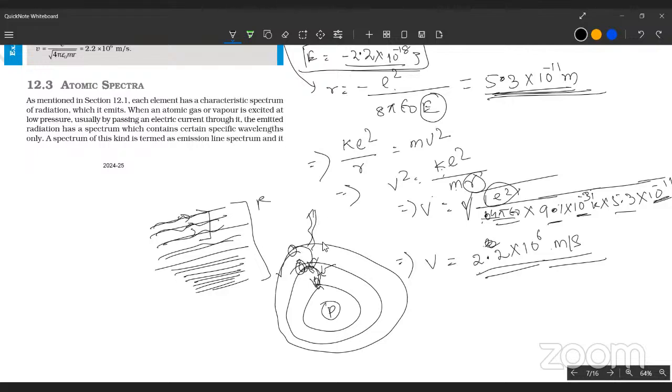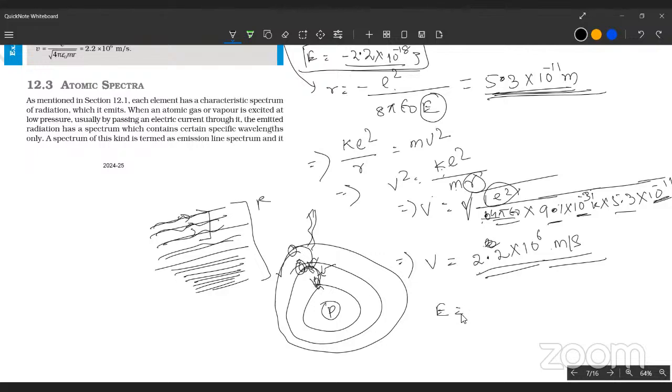So atomic spectra means when electrons jump from a higher shell to a lower shell, they emit energy. How much energy?